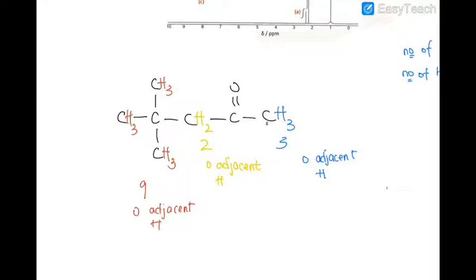Now, since all of them have no hydrogen on the adjacent carbon, all of these will give rise to singlets, which means that you're going to have 3 peaks. Because we have 3 environments, the 3 peaks are going to be in the ratio 9:2:3, and these 3 peaks are all going to be singlets because all of them have 0 hydrogen on the adjacent carbon.